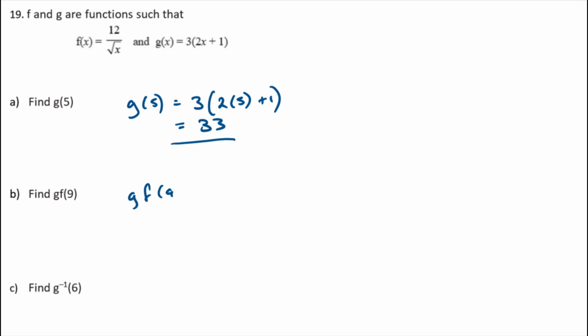fg of 9, that is like taking my 9 and subbing it into f, and then taking that and subbing it into g. Okay, so f of 9 is 12 over root 9, which is 12 over 3, which is 4.